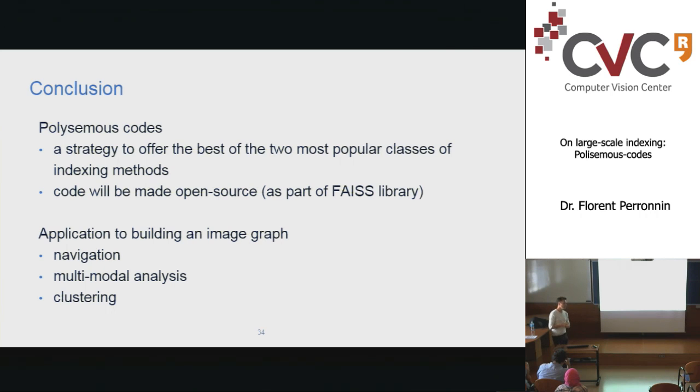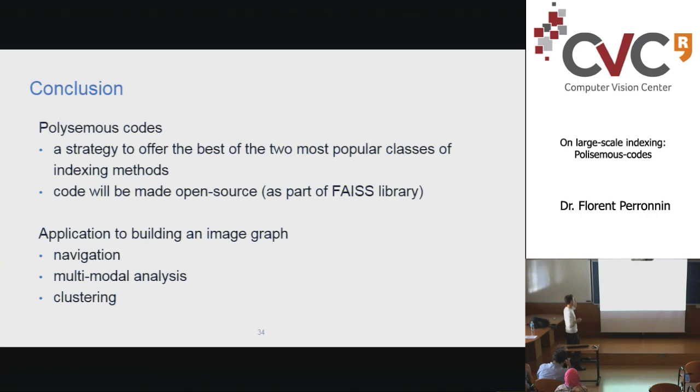This polysemous code strategy takes the best out of both worlds by reinterpreting your PQ codes, your k-means centroid indices, as binary vectors. Then by shuffling these indices, you can have an assignment such that the Hamming distance between these indices reflects the distance between the PQ codes.